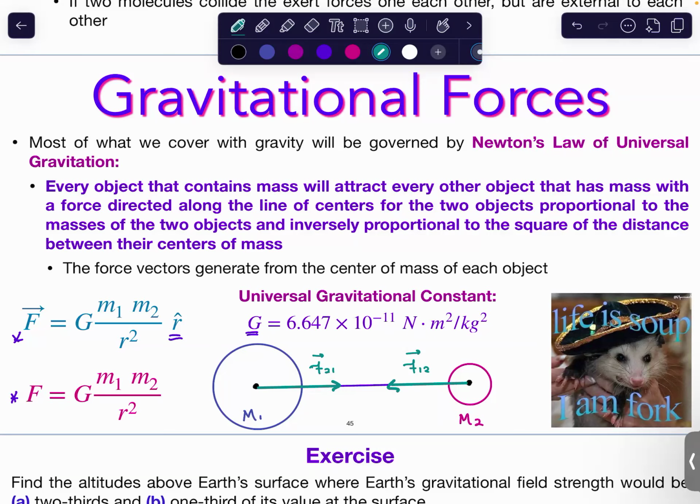That's the gravitational force of mass 1 on mass 2. Since these come in pairs, you get an equal and opposite force. So for gravitational forces, they're going to be equal and opposite.